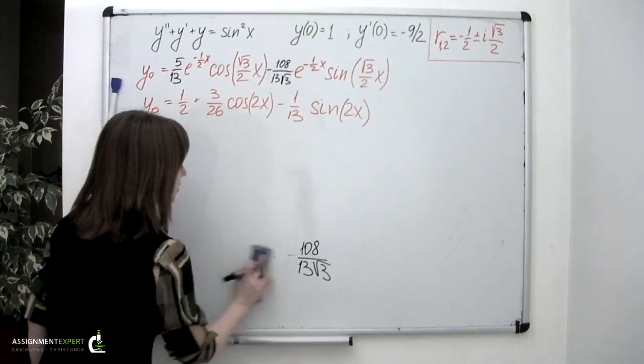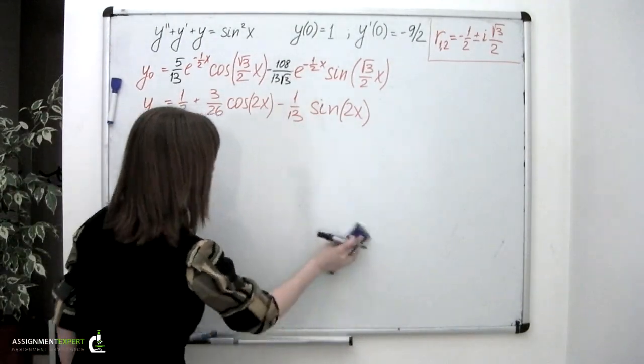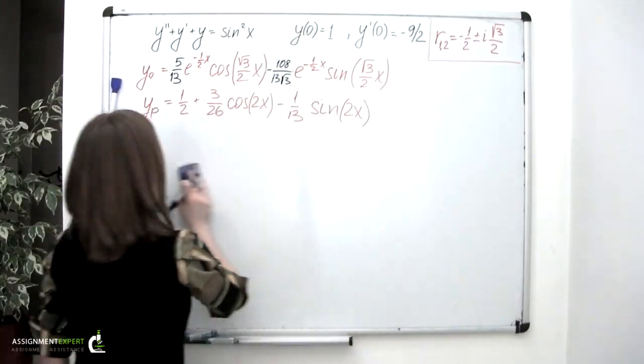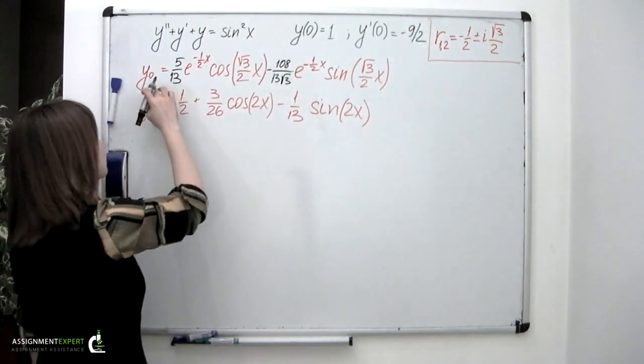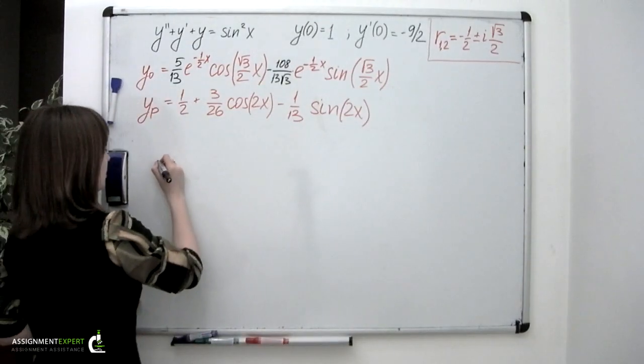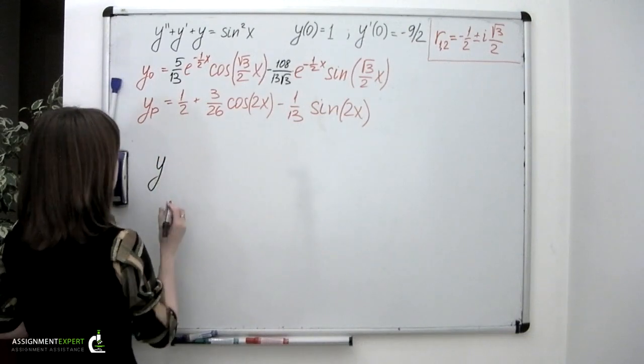So finally, we can now write down the solution to the whole original equation by adding these two, y sub 0 and y sub b. We've waited a long time for this.